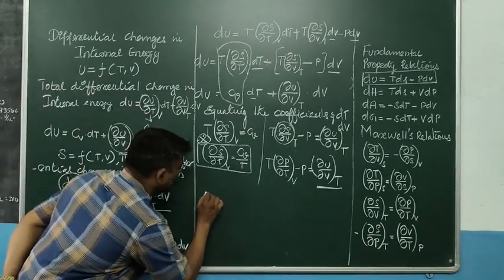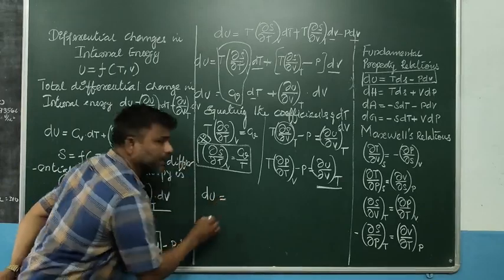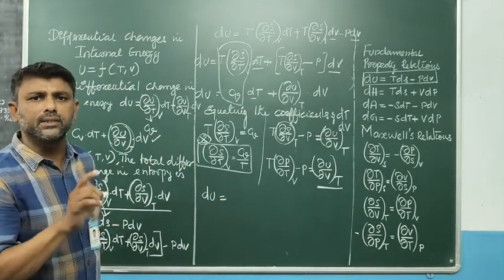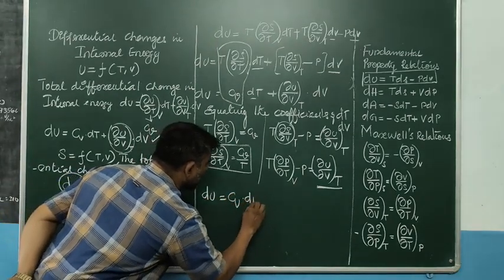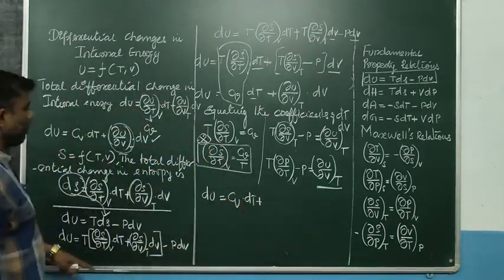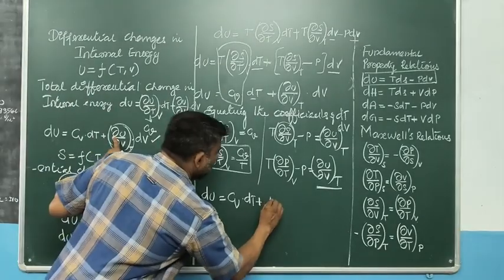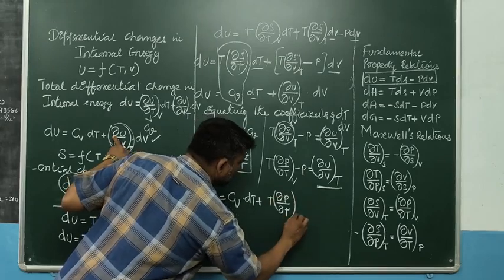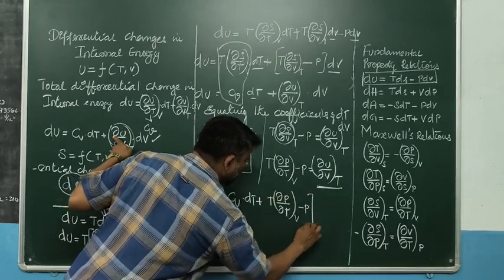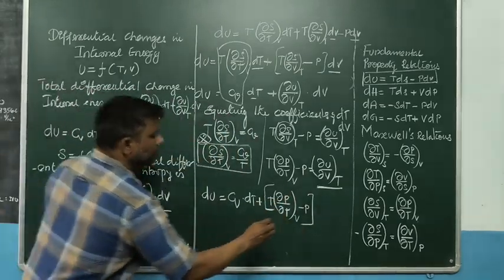Clear? So the total differential change in internal energy dU is equal to Cv dT plus [T times (∂P/∂T) at constant volume minus P] into dV.